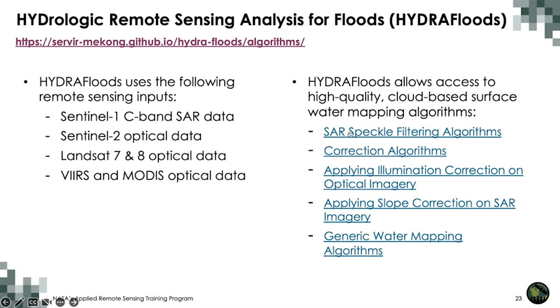It has algorithms for SAR image correction like speckle filtering, then terrain correction algorithm, that is for optical imagery, there is illumination correction, and it generates water maps based on data, and the algorithms are available. So let us see.